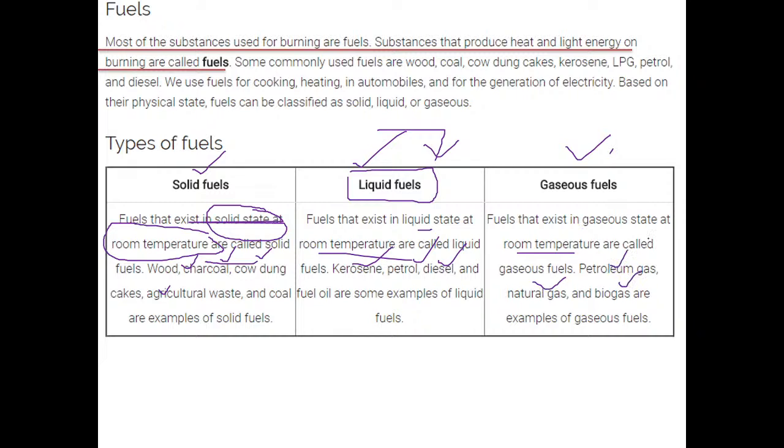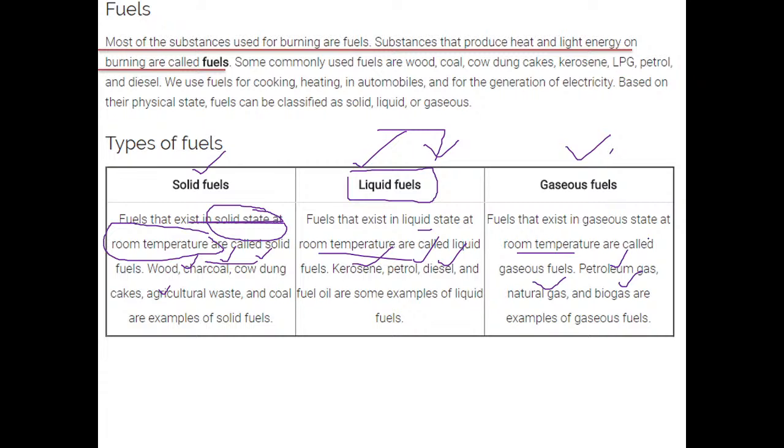So the difference is that solid fuels exist in solid state, liquid fuels exist in liquid state, and gaseous fuels exist in gaseous state, and all of them are at the same room temperature. Examples are also different.